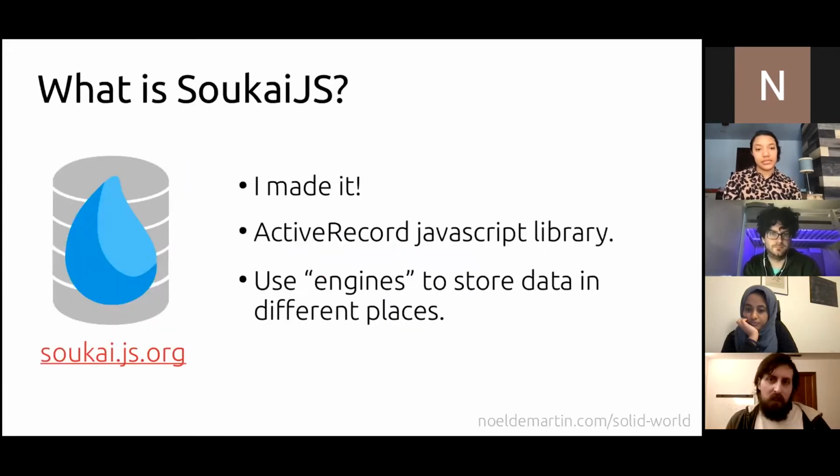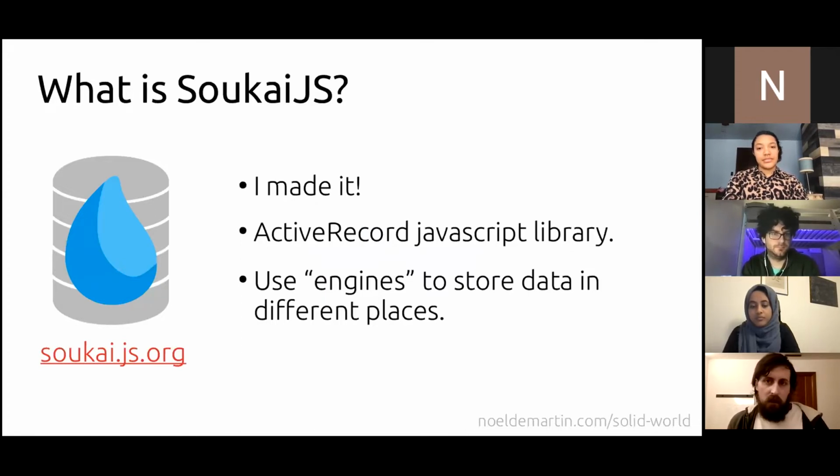The reason you don't know it is because I have made it, and it's an Active Record implementation in JavaScript. Active Record is a design pattern that allows you to define a model, and this model then gets persisted in a database or in a persistent layer without you having to worry about the persistent format, right?